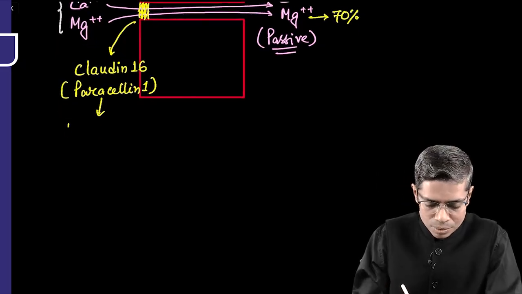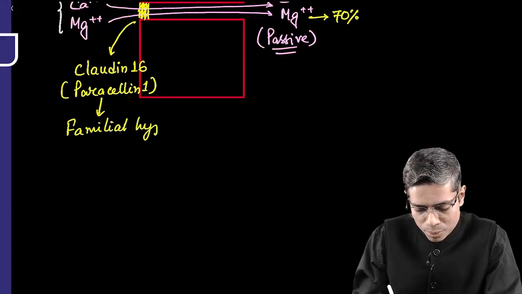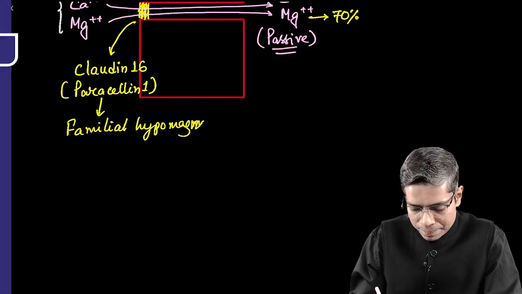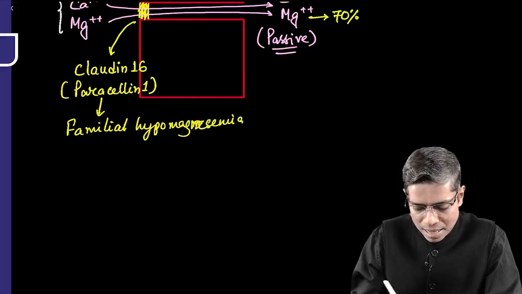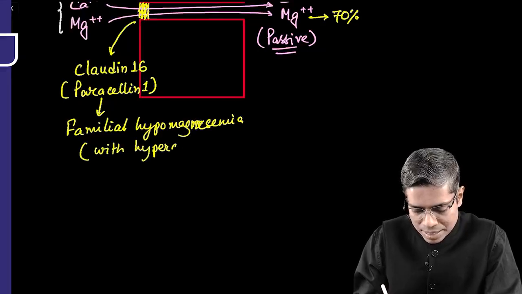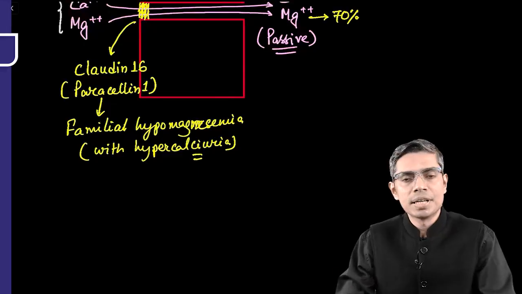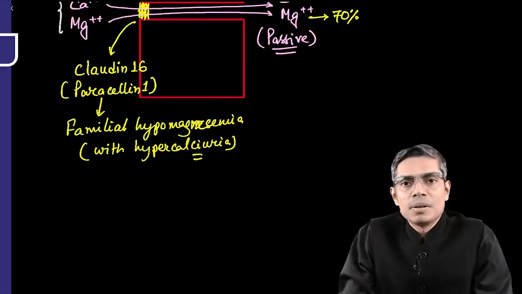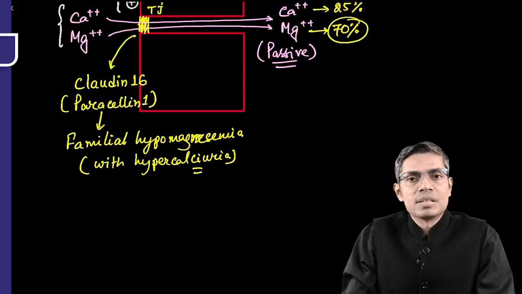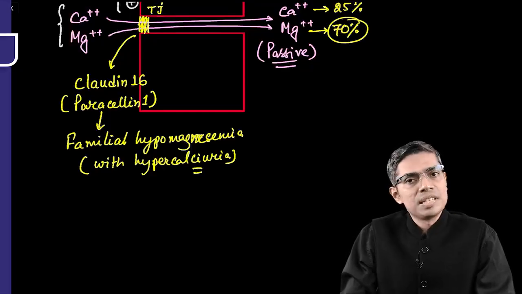That disease is known as familial hypomagnesemia along with hypercalciuria. More calcium in the urine, more magnesium in the urine, and the blood magnesium level will be very low, because this is the portion which reabsorbs a huge amount of magnesium. That's why the disease is known as familial hypomagnesemia along with hypercalciuria.